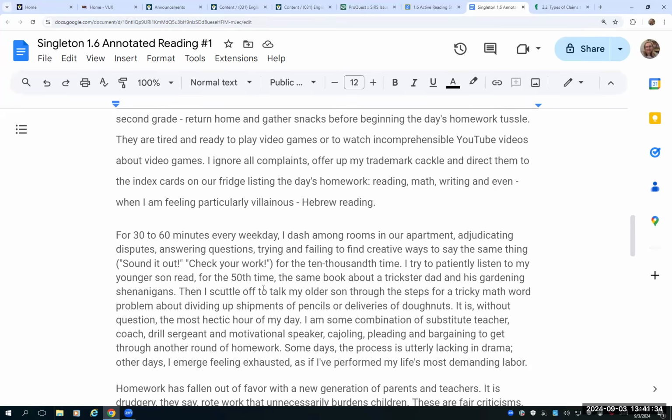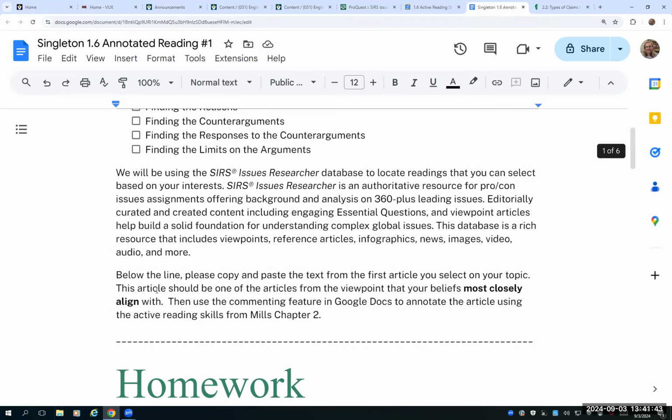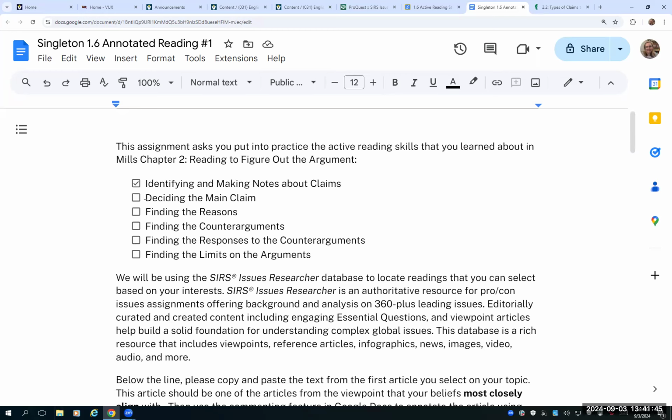They may have 12 claims in their article. The next step on Thursday, once we get all the claims marked, is to decide which one of those claims is the main claim, the thesis statement, the one the whole article is about. Right now, all we're doing is identifying claims.